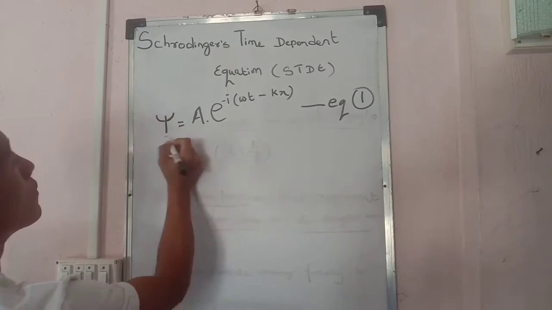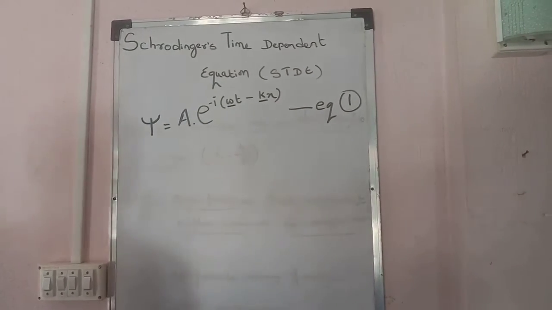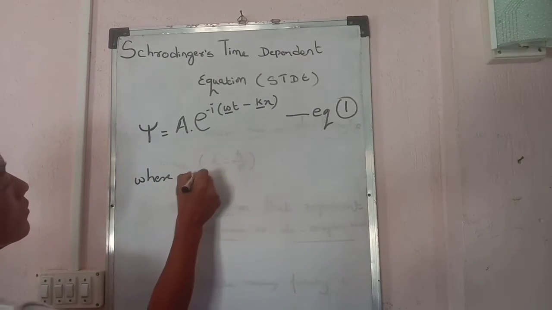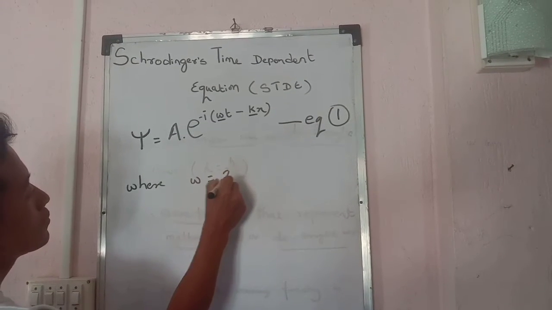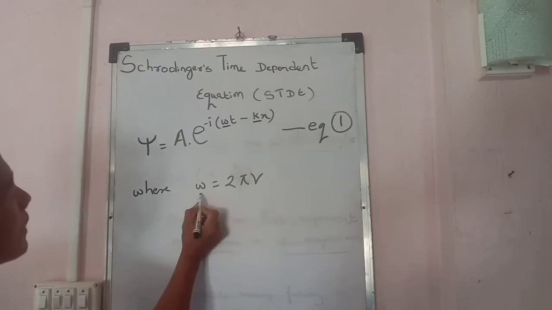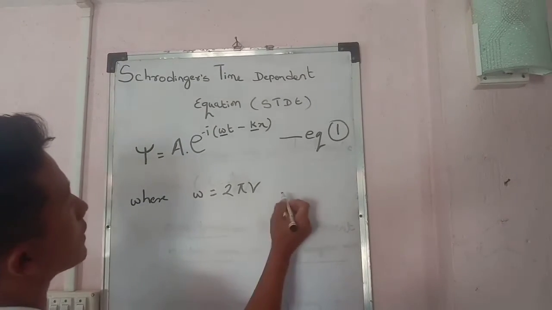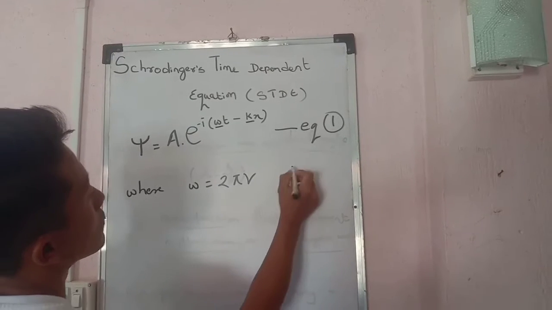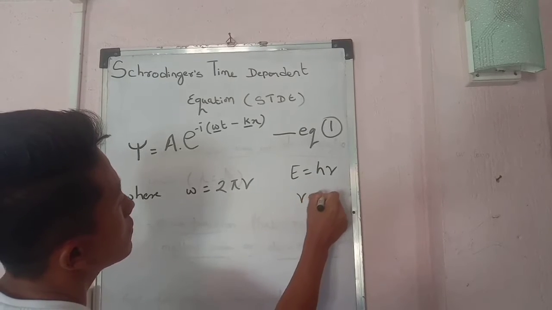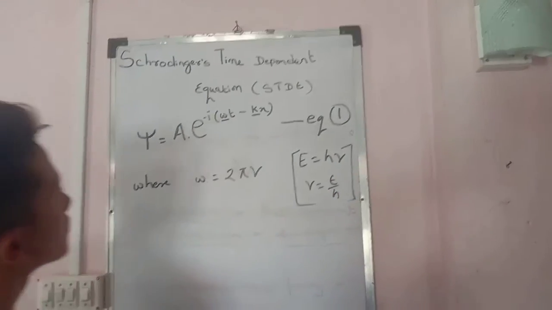In equation 1, we take the values of omega and k. Omega is equal to 2 pi nu. We can write the value of nu from E equals h nu, where nu equals E by h, from the Einstein equation.